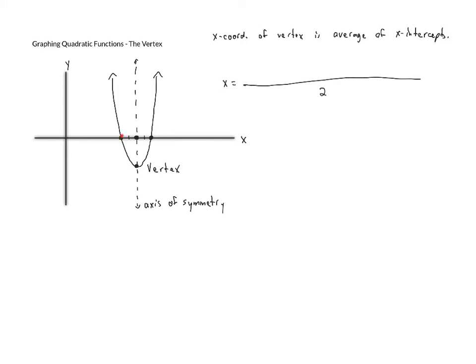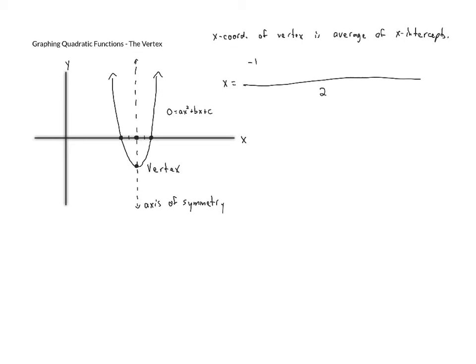Now remember that we find the intercepts by setting y equal to 0 and solving. So we need to solve 0 equals ax squared plus bx plus c. And we know that the solutions to this equation are going to come from the quadratic formula.